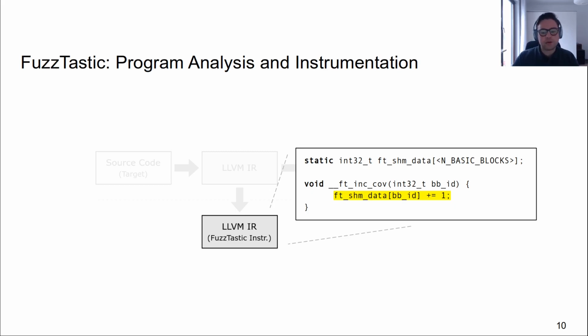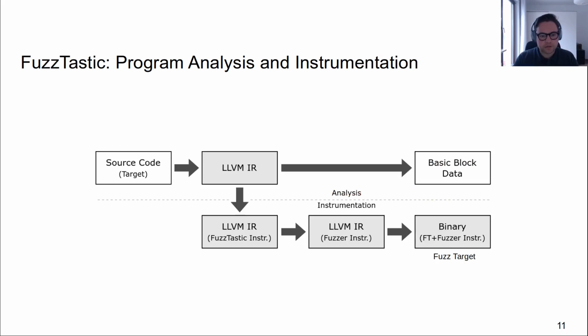So later, whenever this basic block is executed, the corresponding counter is incremented. In the case of gray box and white box fuzzers, we also apply the instrumentation that they need. And finally, we have a binary that we can then fuzz.